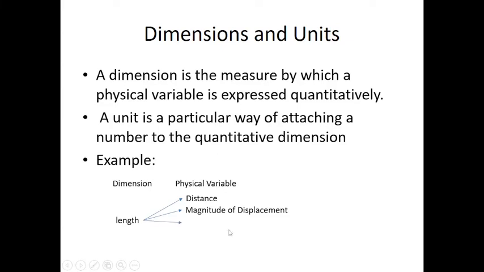Another one, width. Width is a physical variable. Yung width na yan, meron ding haba. So there is now a number corresponding to the width. Kulang lang dito ay unit.